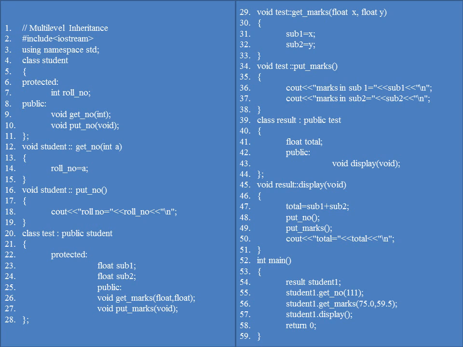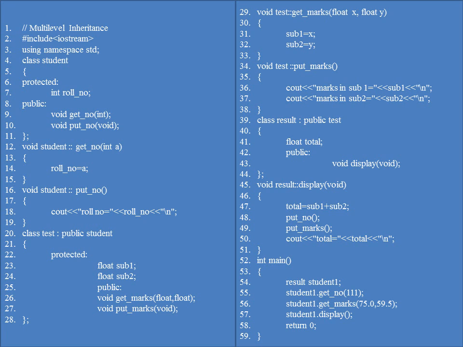Now come to the main section. We are creating an object of the result class, the last class, called student 1. Now the student 1 dot get number function is not a result class function. It has been received from the student class. From the student class it enters into the test class, and from the test class it enters into the result class.